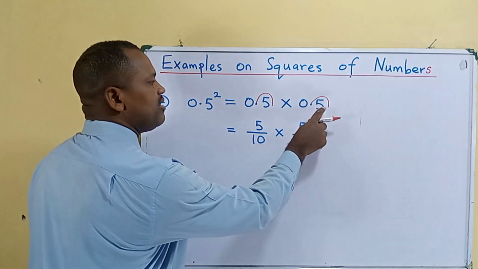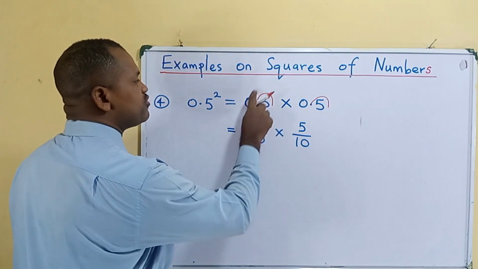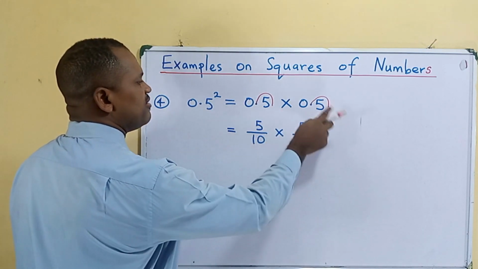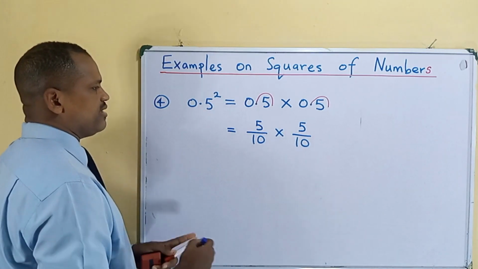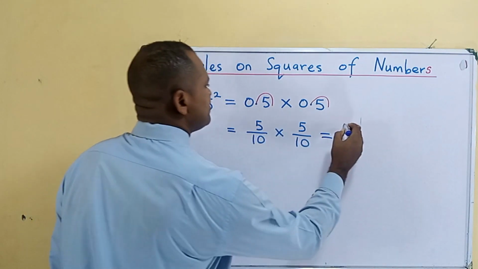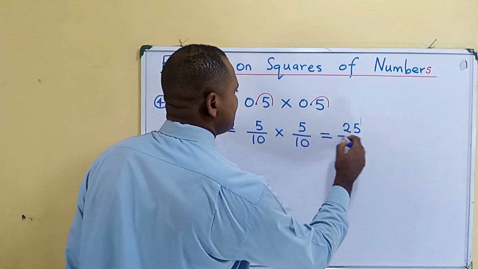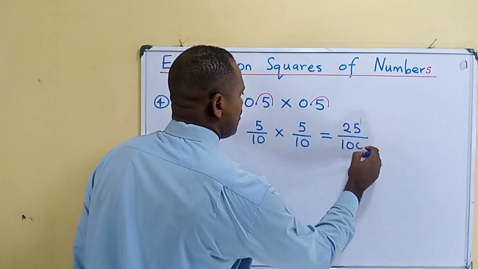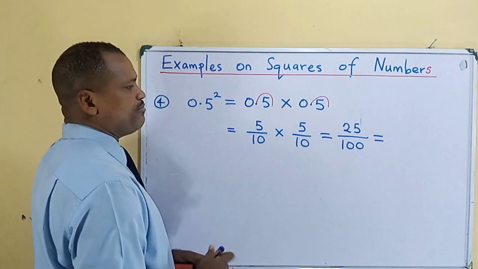Because you move it once, you have 5 over 10, 5 over 10. And so you go ahead and do this, this will give you 25. 10 times 10, of course, we know is 100. So this is also simple.